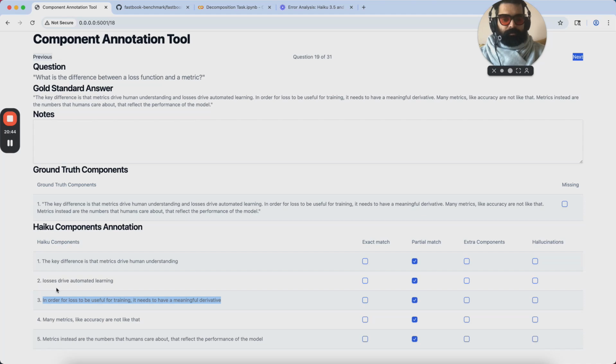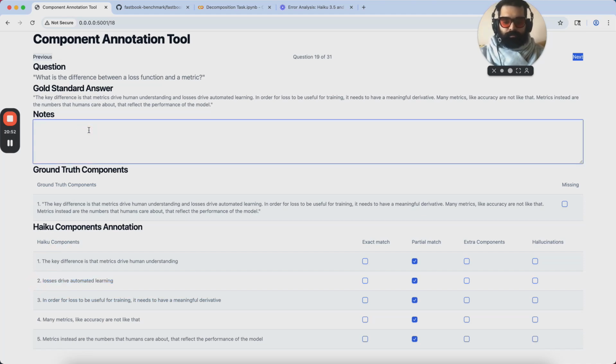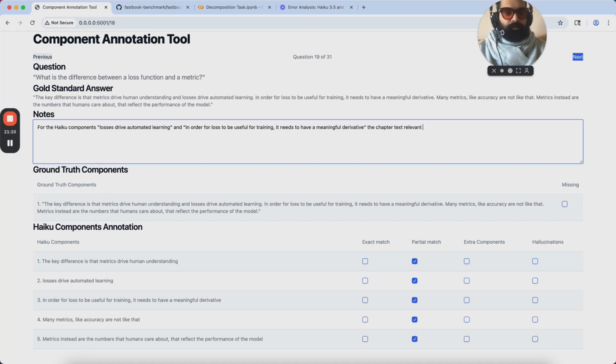So that granularity might cause redundant results. So I'll say for the Haiku components and the chapter text relevant to them is a single sentence, which might lead to redundant retrieval results.